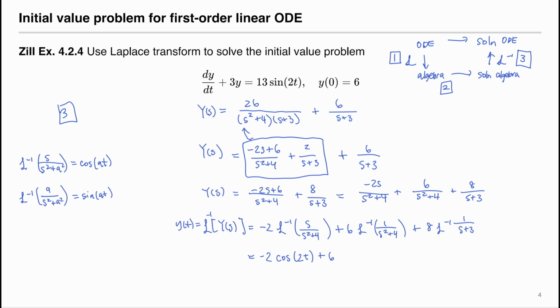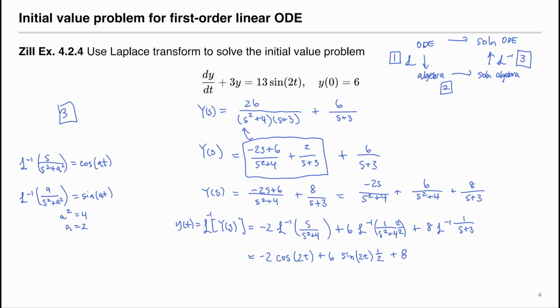And in our case, we have a squared equals to 4, and a has to be 2. But in the numerator, we have 1. So we want to do a trick by multiplying the top and bottom by the same thing. So we can multiply the top and bottom by 2. Multiplying by 2 changes nothing. So this part gives us inverse Laplace transform of sine of 2t, and the bottom part is constant, it can be taken out.